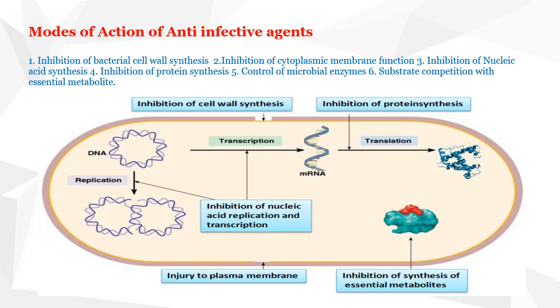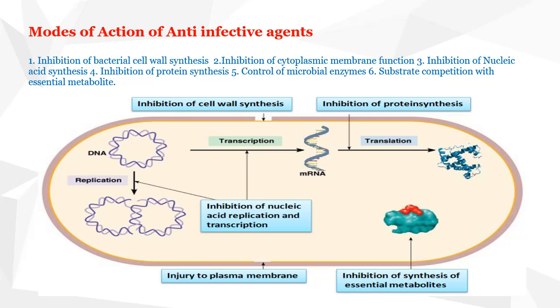The first one, inhibition of bacterial cell wall synthesis. We are aware that bacterial cell walls differ from mammalian hosts in their content, which is an essential component called peptidoglycan. The cell wall is made up of peptidoglycan, and one of the essential components of peptidoglycan is murein.